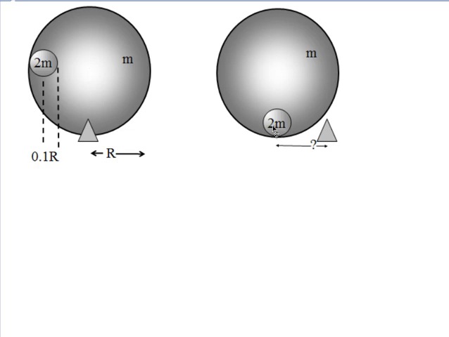Ultimately, the internal force of friction slows things down and it lands here.